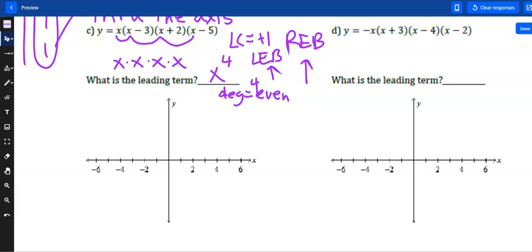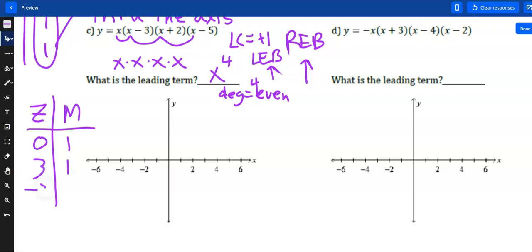Now we make our zeros and multiplicities chart. It doesn't have to be huge. I see 0 occurs one time, and 3 occurs one time, and -2 occurs one time, and 5 occurs one time. So now we know we've got 0, 3, -2, and 5.